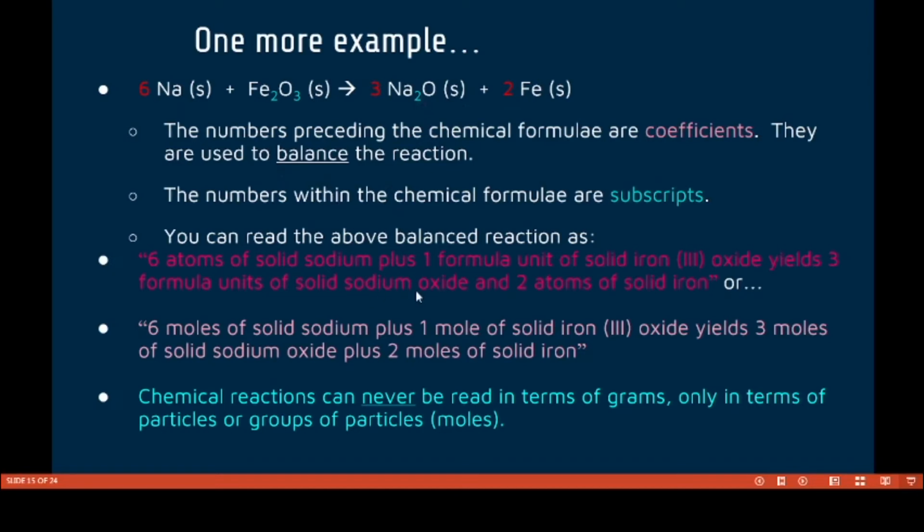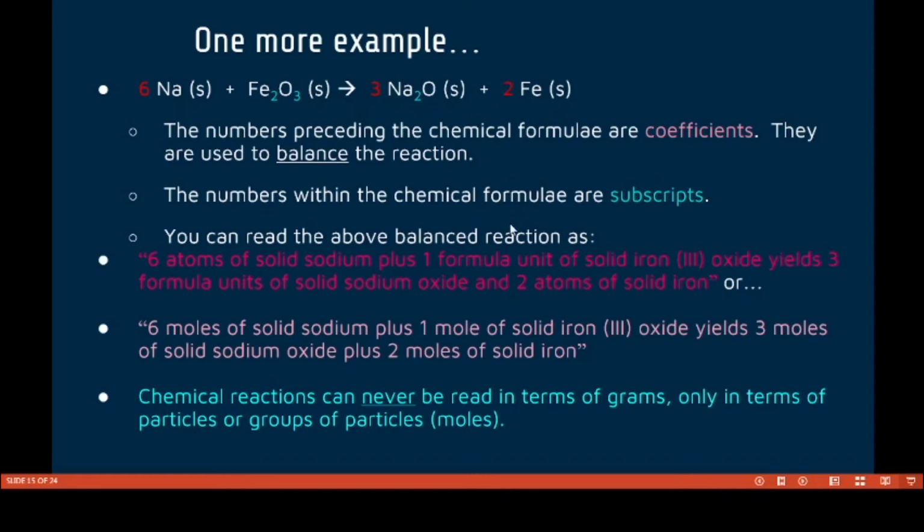So you can read the above balanced reaction as 6 atoms of solid sodium plus 1 formula unit of solid iron(III) oxide yields 3 formula units of solid sodium oxide and 2 atoms of solid iron.